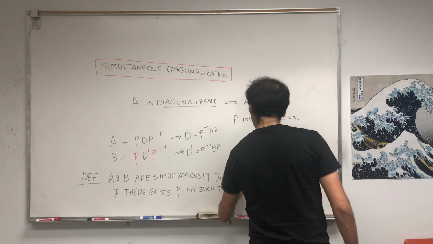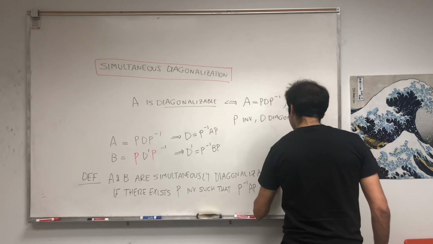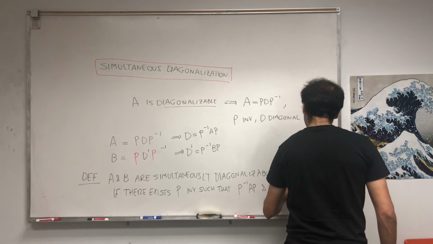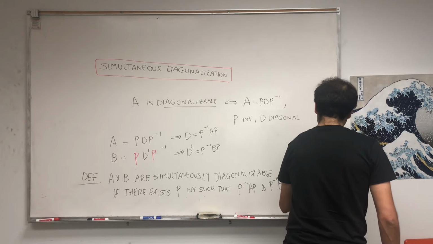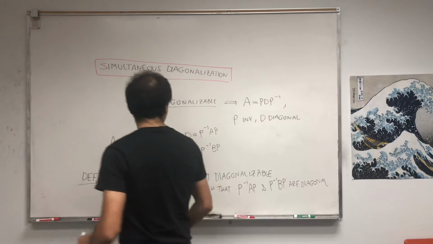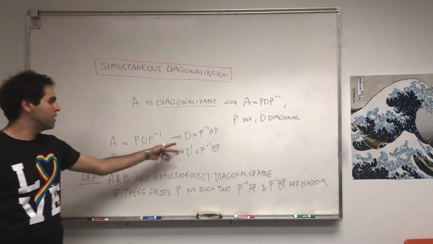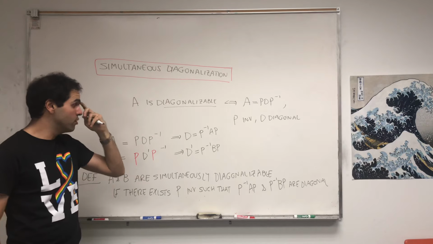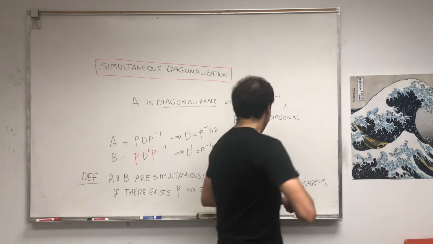So P inverse AP and P inverse BP are diagonal. And careful, not necessarily the same diagonal matrix, because otherwise I think A would be B, but two possibly different diagonal matrices.